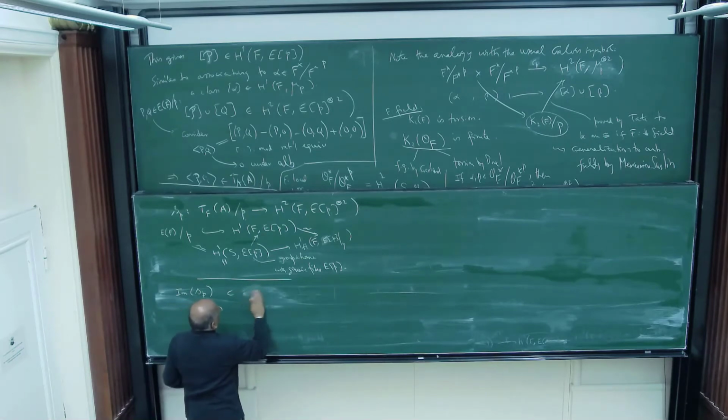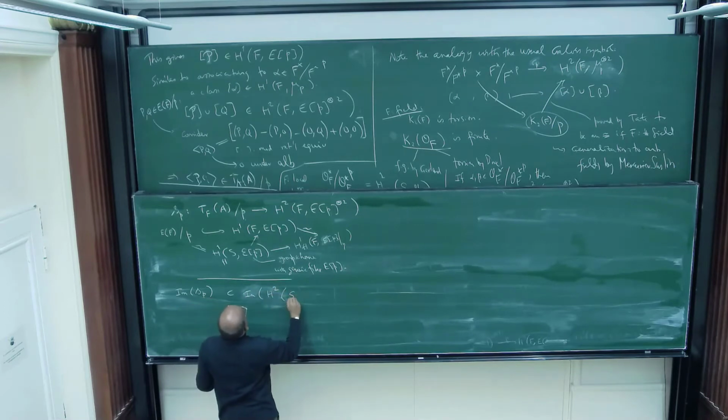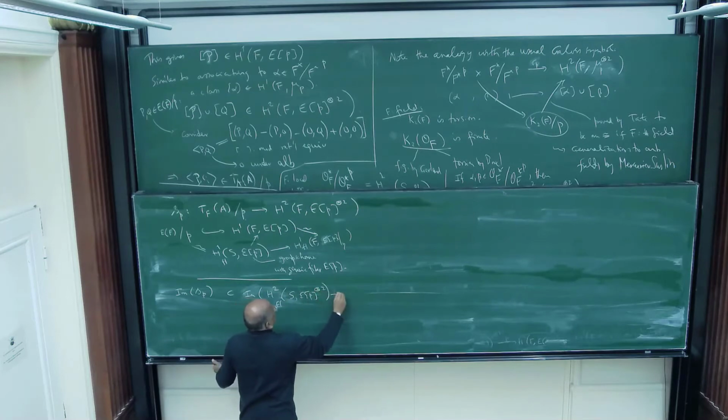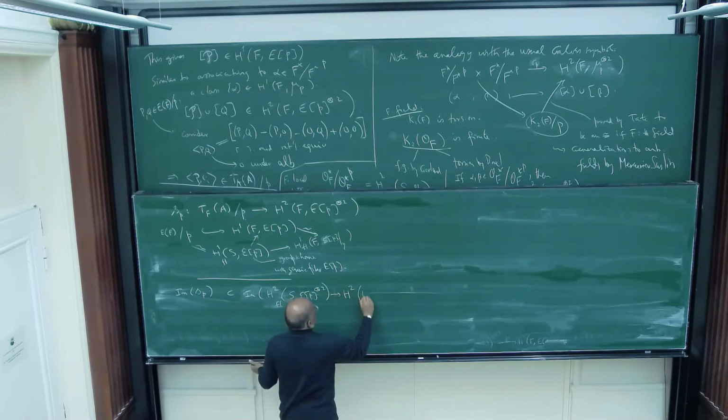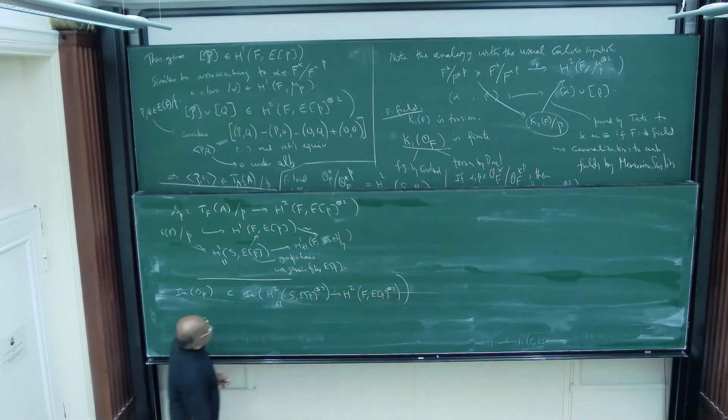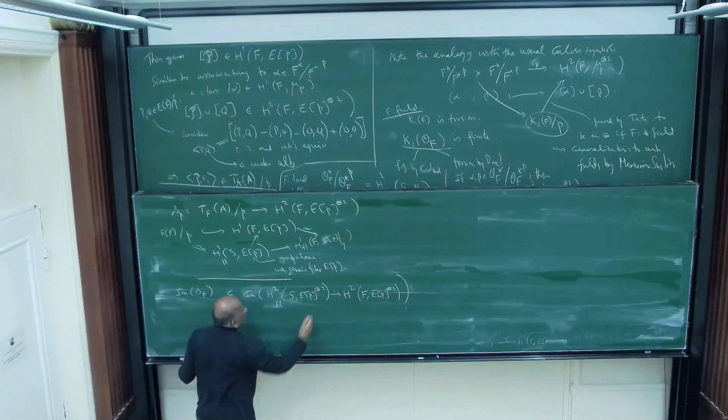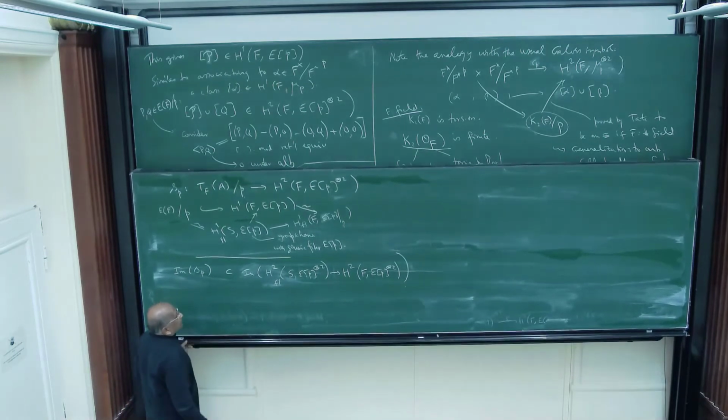So if you like, it's in the image of H2 in the flat over the EP tensor square. And this actually helped us in understanding the ordinary direction. Again, this map is not obvious, but there is one. Okay.